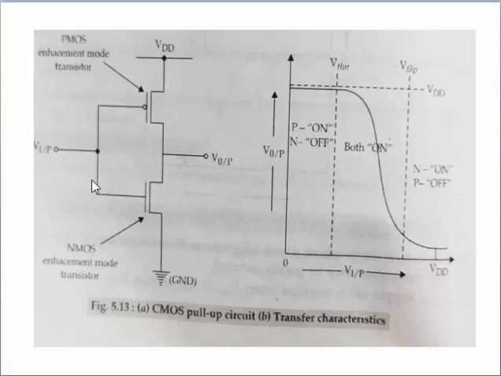For logic 1 input, it has the maximum value. So full logic 1 and 0 levels are presented at the output. Whenever we give the input V input as 0 or low level, it presents a maximum value, meaning output as 1.